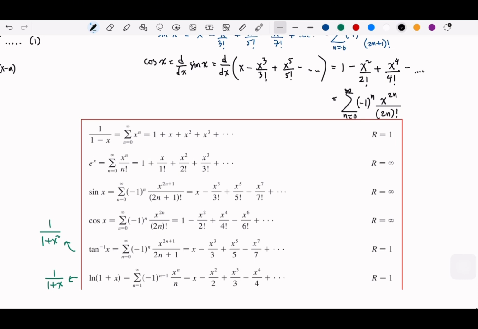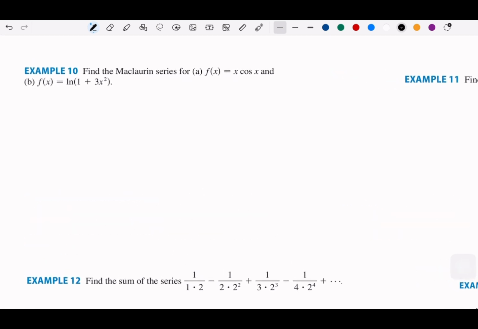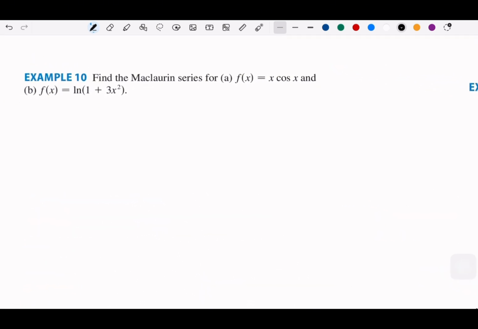Okay, let me give you some cases and exercises. Okay, so let me start. I will just do this really quick. So this will be the Maclaurin series. You have two functions, but I will just take only one.